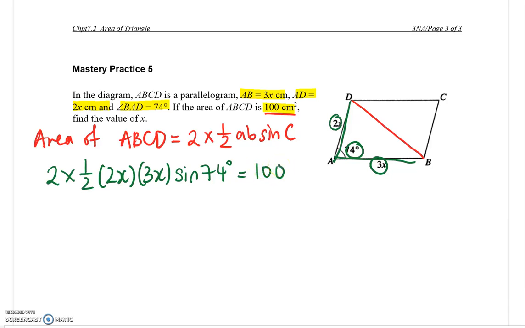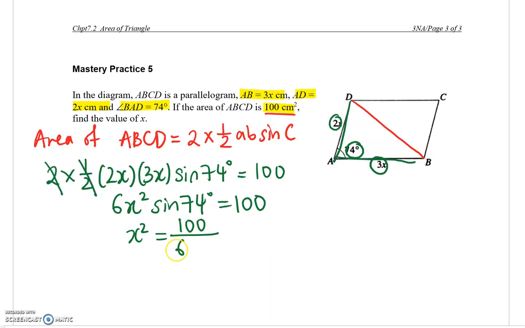So now all we have to do is simplify and make x the subject. So let's work on the left side first. 2 times half, well, that gives us 1. 2x times 3x, this is 6x squared sine 74 degrees equals to 100. Make x squared the subject first, so divide by 6 sine 74. So 100 over 6 sine 74 degrees.